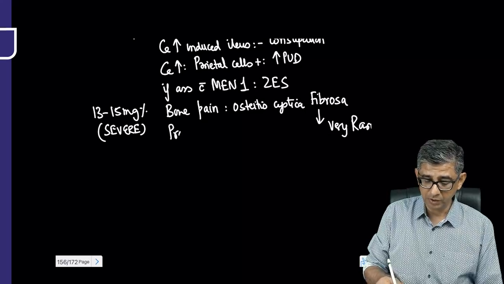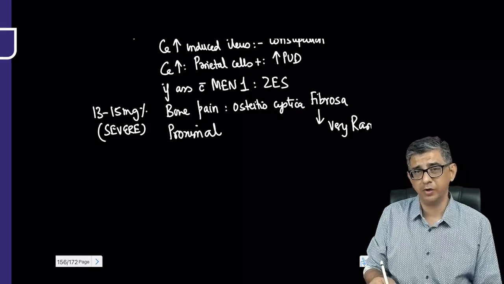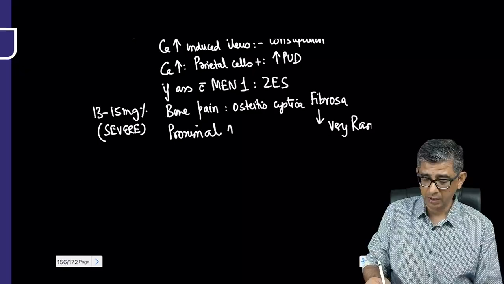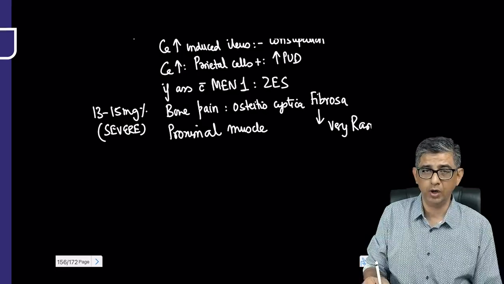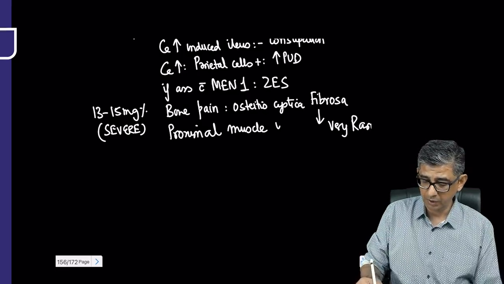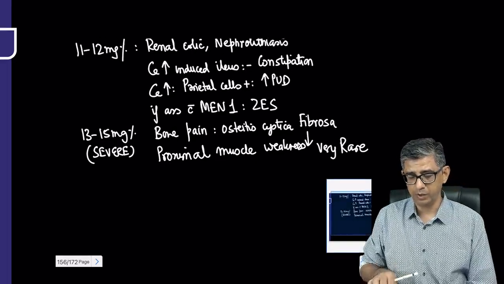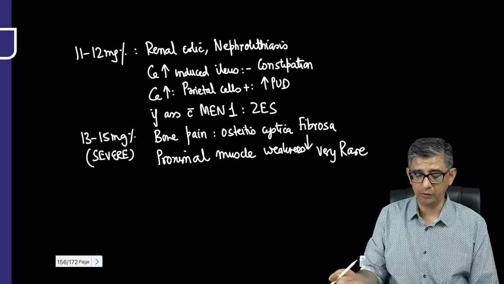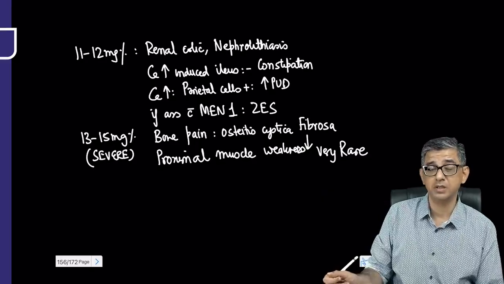Then apart from this, patients would be complaining of difficulty in climbing stairs. When you do examination, you will notice that most patients who are having hypercalcemia due to hyperparathyroidism would be having a proximal muscle weakness. And you can see the problems are mounting. The abdominal component was anyway present, peptic ulceration was occurring, bone pain was present, muscle weakness is coming up.